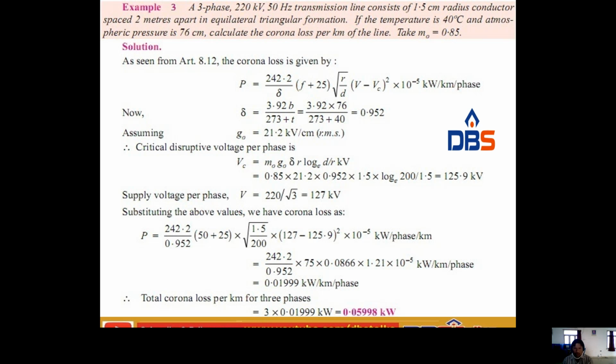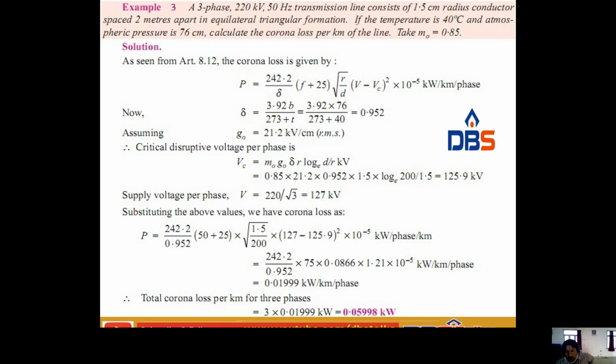Now we don't know the critical disruptive voltage. First, let us calculate the critical disruptive voltage per phase. Vc is equal to, we know the formula, m0 g0 delta r log d by r kilovolts. So m0 is 0.85, they have given, g0 we assumed, that is 21.2, multiplied by delta 0.952, and r is equal to 1.5, directly given, and log of spacing, also given, 200 centimeters or 2 meters, by 1.5.